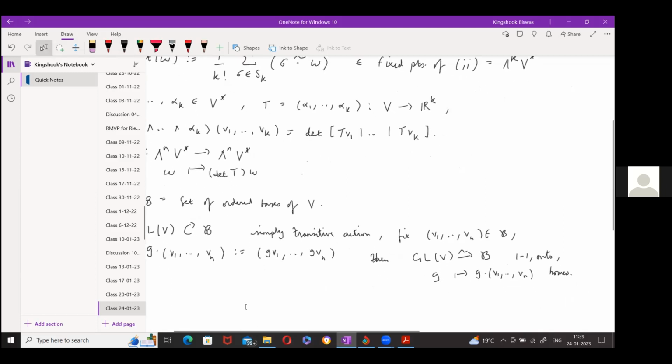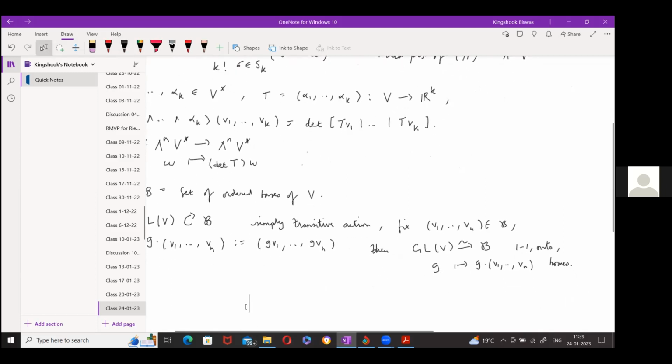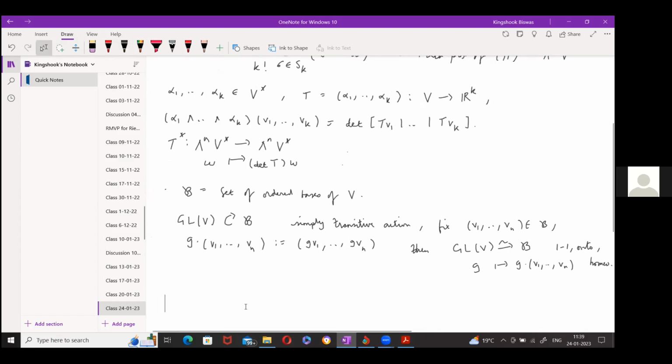Okay, and what is an orientation? Well, what happens is actually that GLV has two connected components. The set of matrices with positive determinant union the set of matrices with negative determinant.